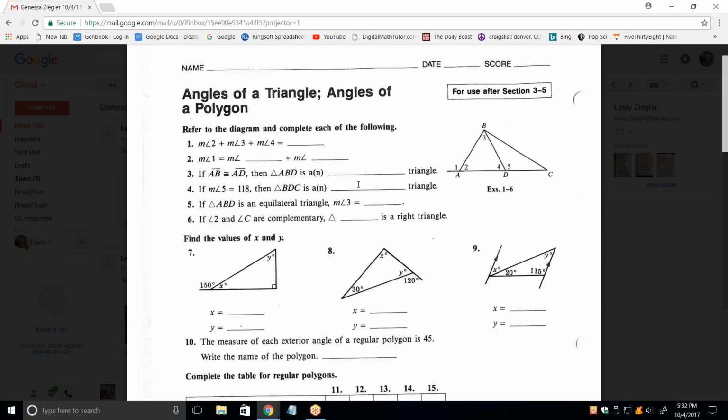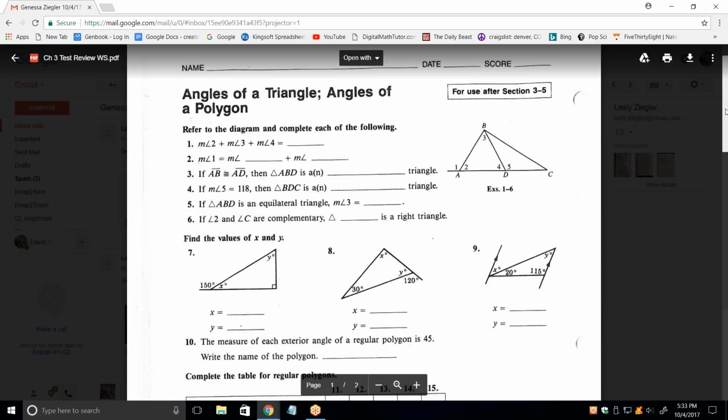And if the measurement of angle 5 equals 118, then triangle BDC is what kind of a triangle? Obtuse. Yeah, I guess that's what they're looking for there. Yeah, that certainly fits.